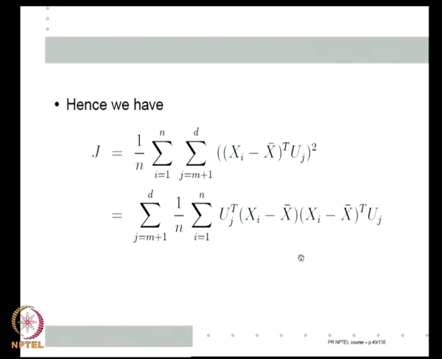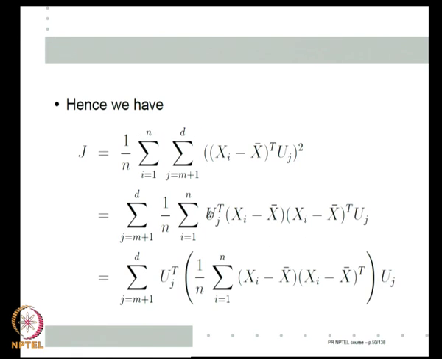Now, I can work it out that, because these uj's do not depend on i, the uj transpose can come out of the i summation, and this uj can also be outside the i summation. So, I can write that as summation j equal to m plus 1 to d, uj transpose, 1 by n summation i equal to 1 to n xi minus x bar into xi minus x bar transpose, uj.